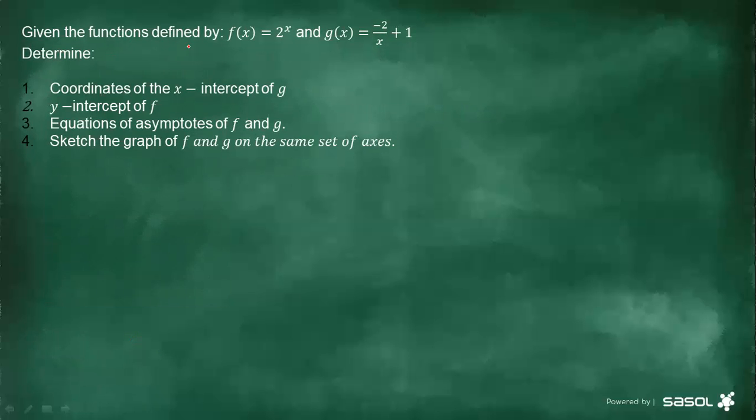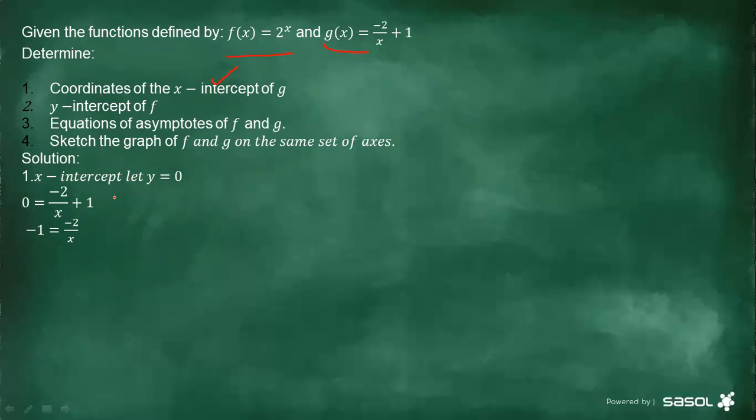Given the functions defined by f of x equals 2 to the power x, and g of x equals -2 over x plus 1. Determine the coordinates of the x-intercept of g. If we want the x-intercept, let y equal 0, and this is what we are going to have.